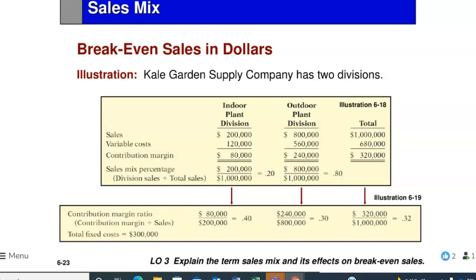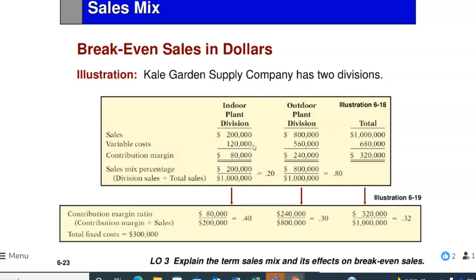Now the selling price is one. The variable costs are 120 for indoor, 560 for outdoor. So the contribution margin is different for both. For indoor, it's 80,000. For outdoor, it's 240. And so the total contribution margin is 320. Now what we have to do is convert this into a ratio.